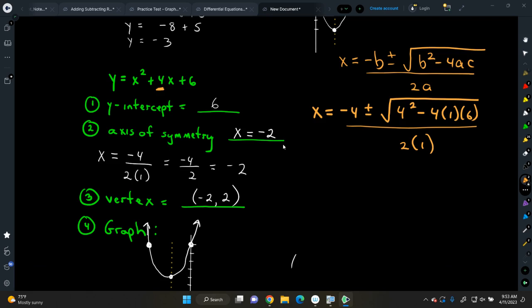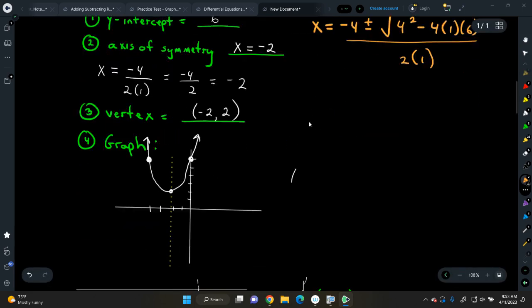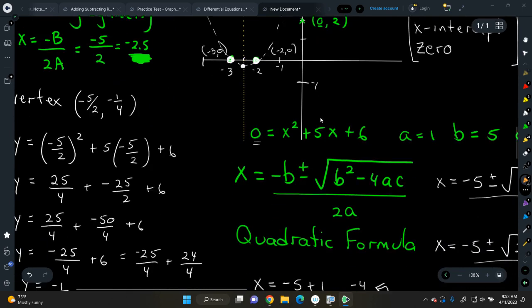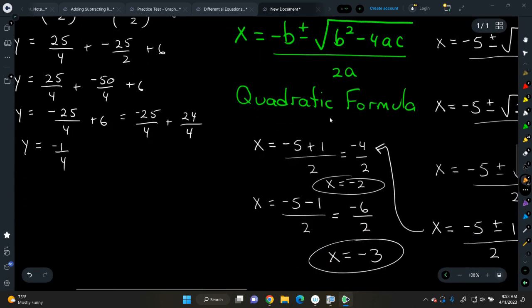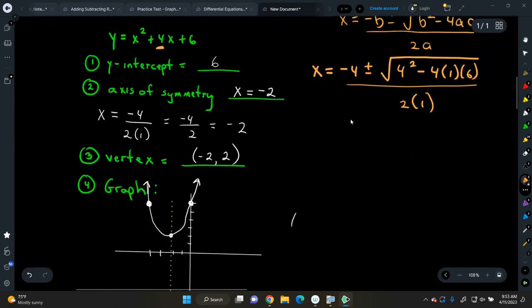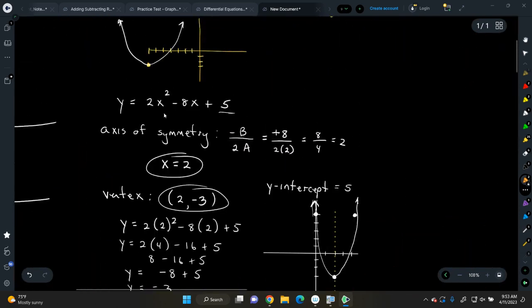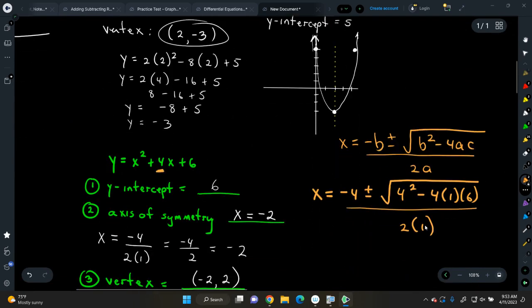If there was a number in front, like in the problem we did last time with 2x squared, then a would be 2, so we would be dividing by 2 times 2. In this one, a is 1, because you don't see a number in front of the x squared.